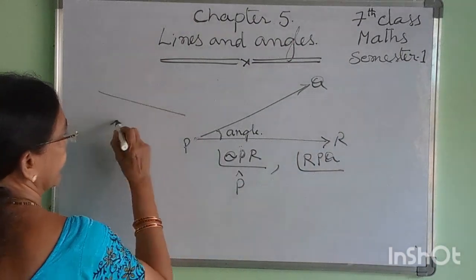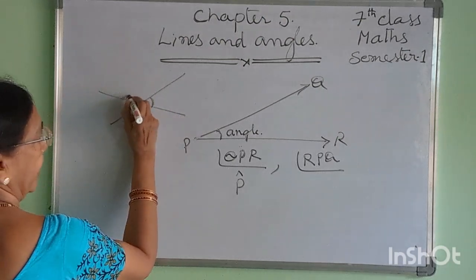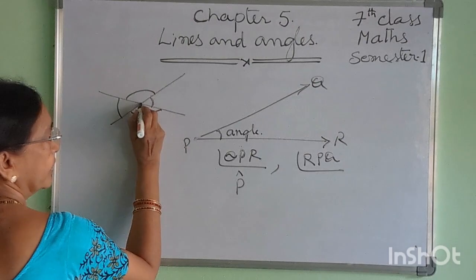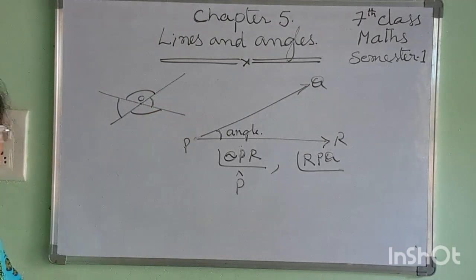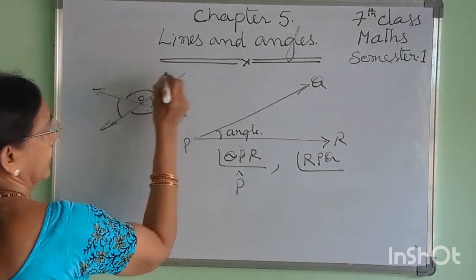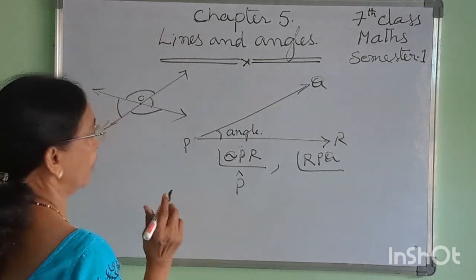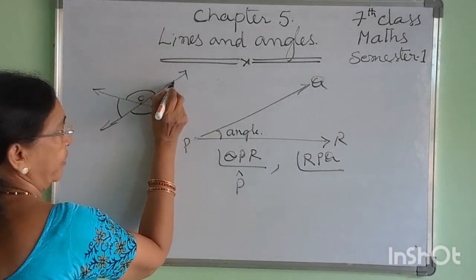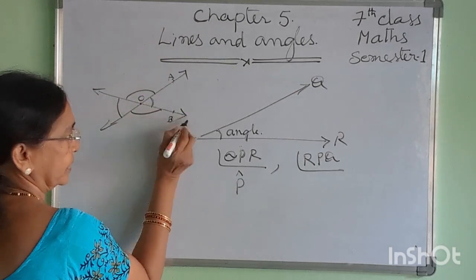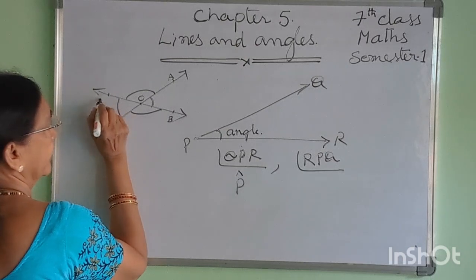Similarly, if two lines intersect like this, there are four angles. This is one angle, and this is one angle, and this is one angle, and this is one angle. If the point of intersection of the two lines is O, we take some points here: A, B on this ray, and C, D on the other.